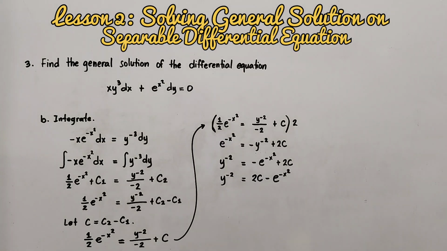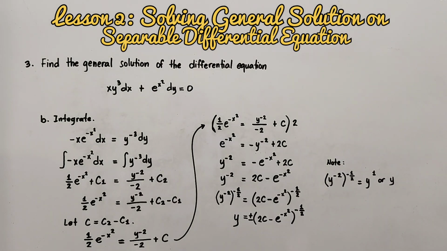Additive inverse of e power negative x squared is negative e power negative x squared. The equation becomes y power negative 2 equals negative of e power negative x squared plus 2c. Rearranging the term on the right, it is now equal to 2c minus e power negative x squared.